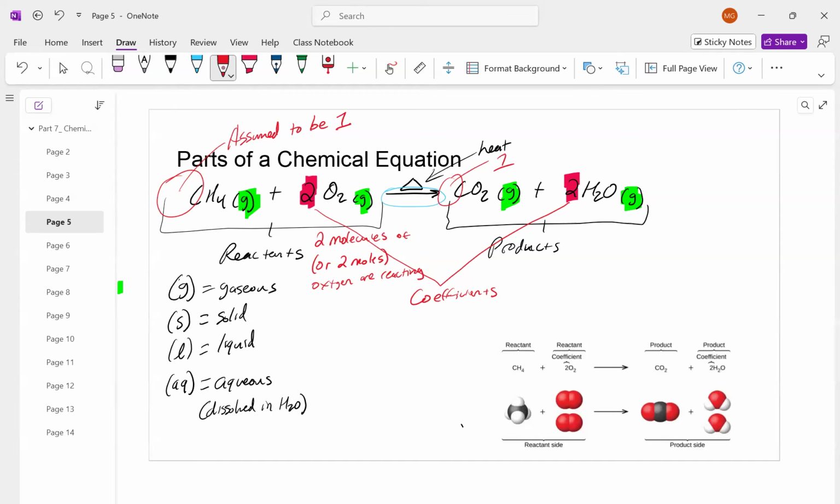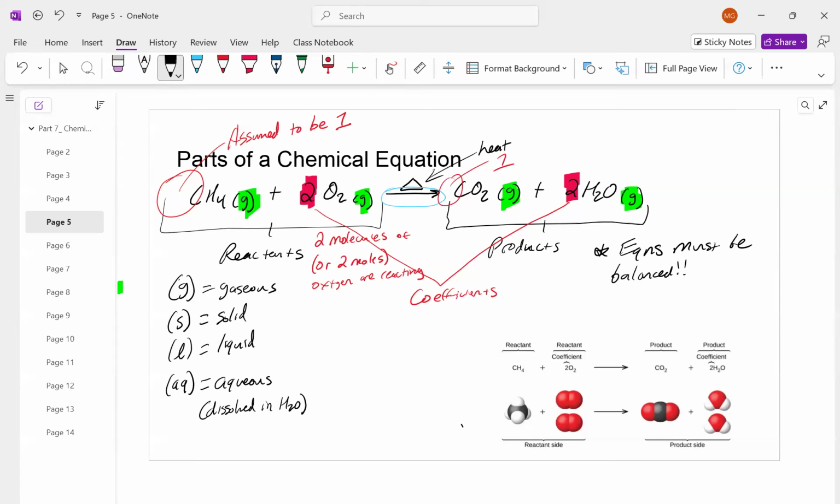Now, this brings me to one of the most important aspects that we're going to spend a lot of time on in the following lectures, and that is that equations must be balanced.